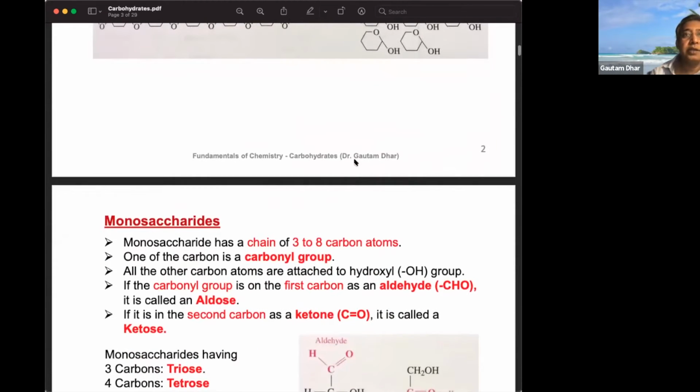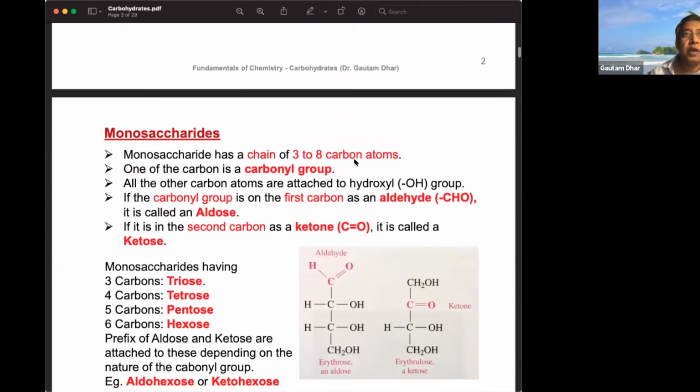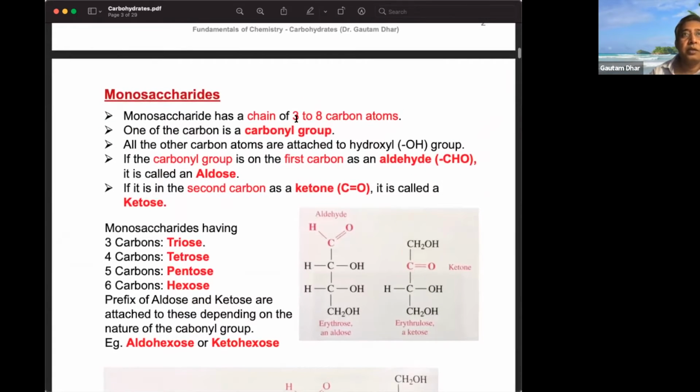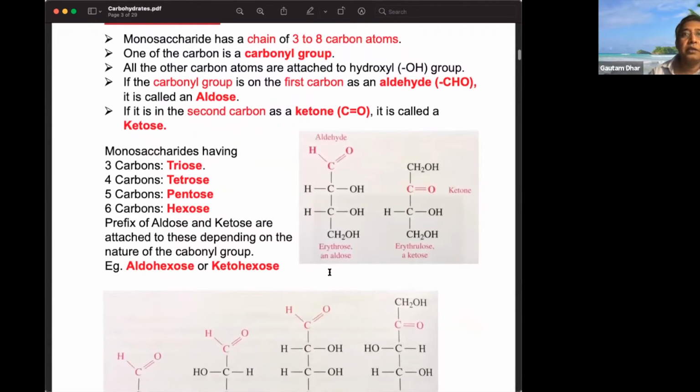Monosaccharides can have 3 to 8 carbon atom chains. One of the carbons in these monosaccharides is a carbonyl group. When I say carbonyl, it can be an aldehyde or a ketone, like erythrose and erythrulose.